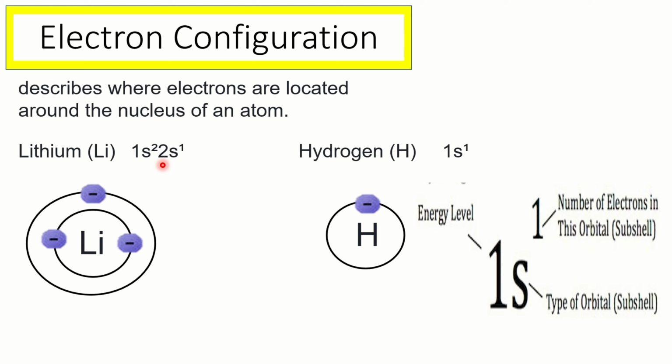So in the second energy level, the type of sublevel is S. And the number of electrons is 1. The same here in the hydrogen. So we have here the first energy level, the type of sublevel, which is S, and the number of electrons, which is 1.